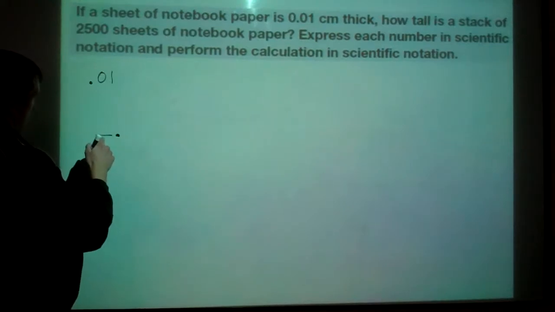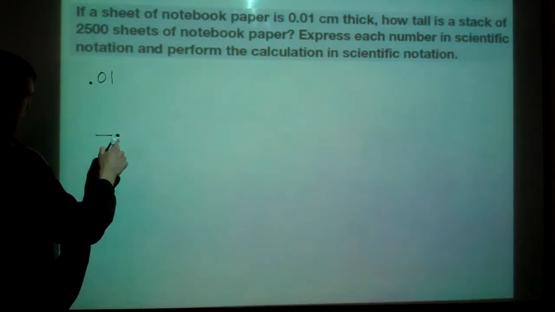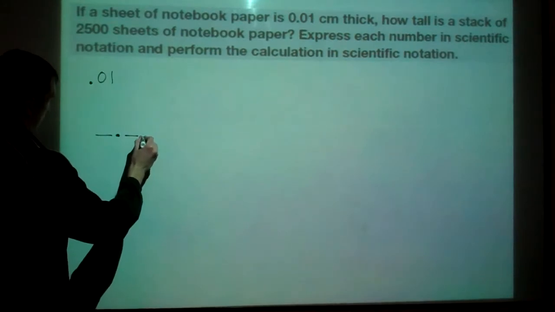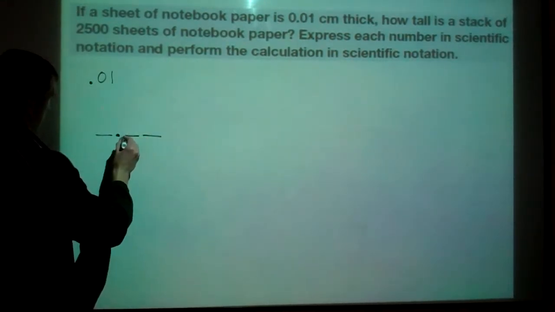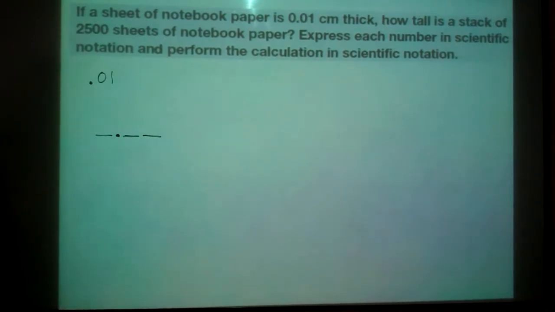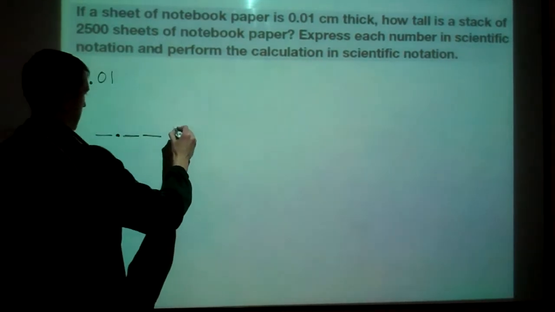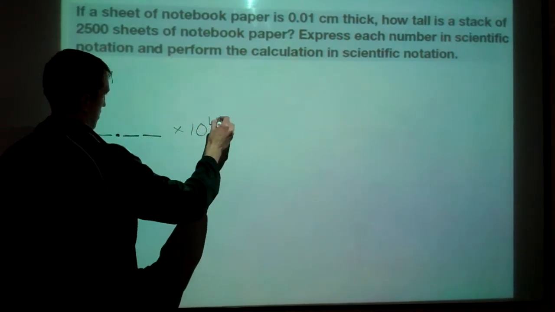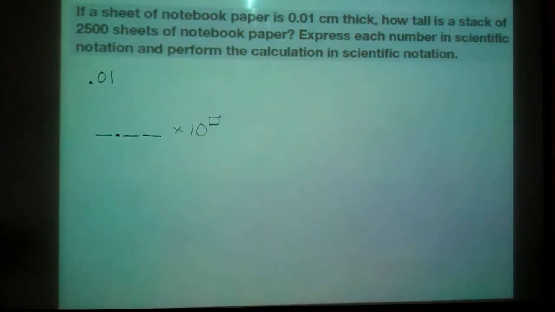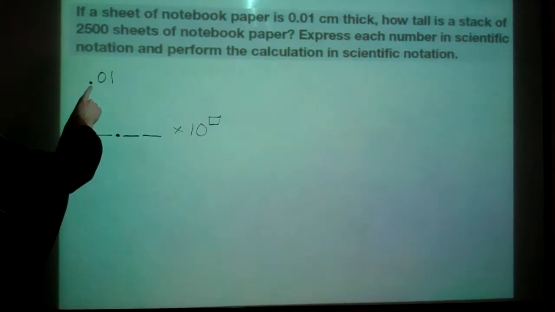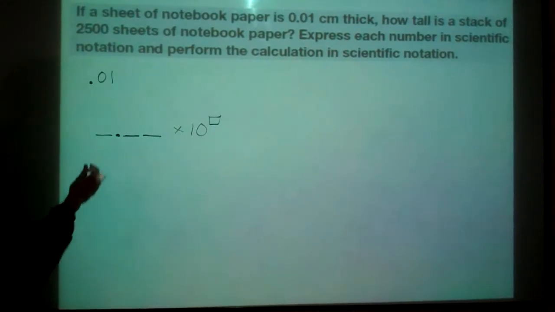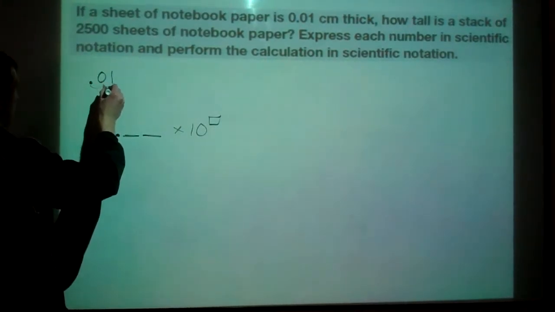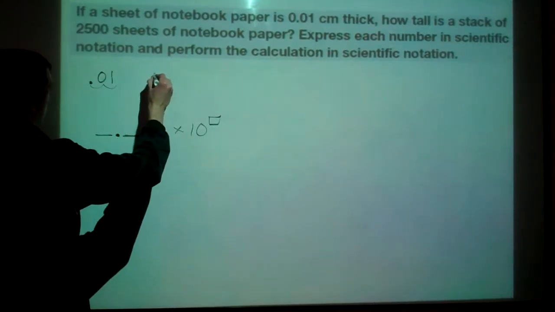We'll have one number to the left of the decimal, possibly some numbers over here, though we don't need to have that, and it's always times 10 to some power. So we need to move this decimal 2 spots over so that we have 1.0. So 1, 2. So our decimal will be there now.